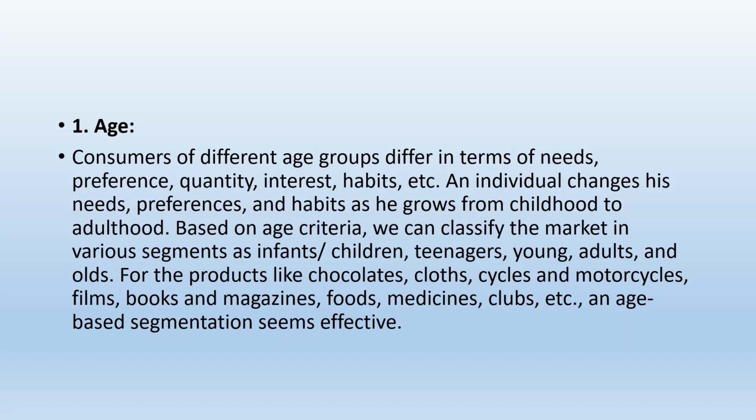Based on the age criteria, we can classify the market into various segments as infant, children, teenager, young adults, old. For products like chocolate, clothes, cycles, motorcycles, films, books, magazines, food, medicine, clubs, etc., age-based segmentation seems effective.